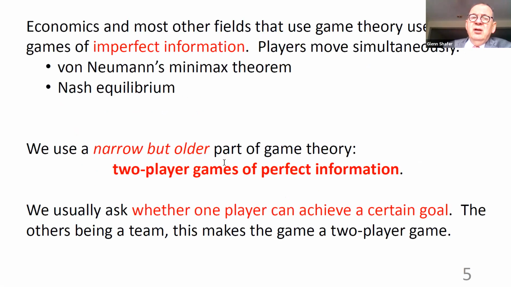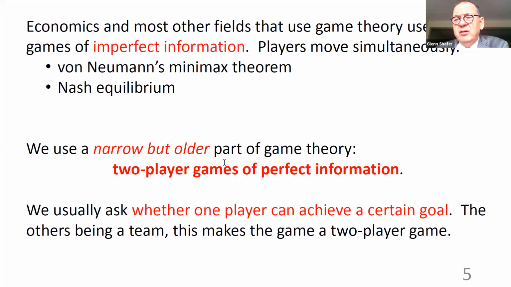Now, if you've studied game theory, you probably studied games of imperfect information. In economics, those are the games we're interested in. The different players in an economy don't always see what each other are doing. They move simultaneously. Their moves are hidden from each other.